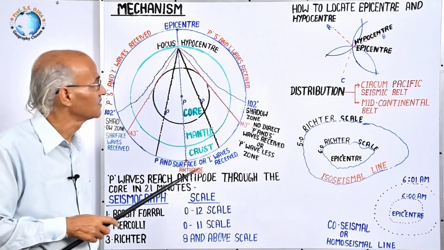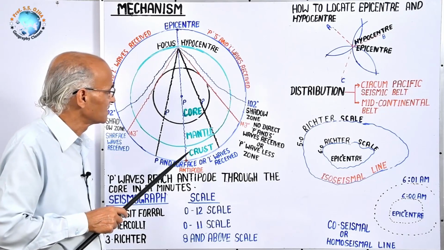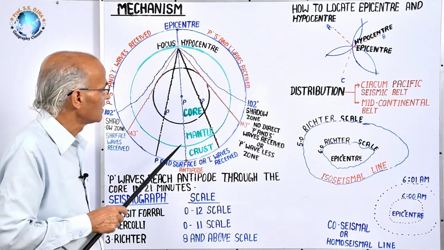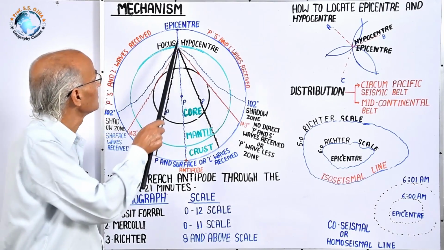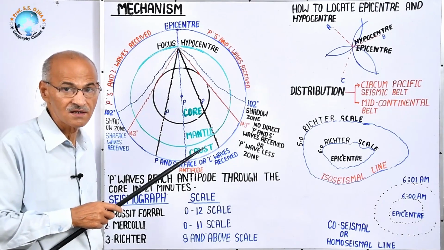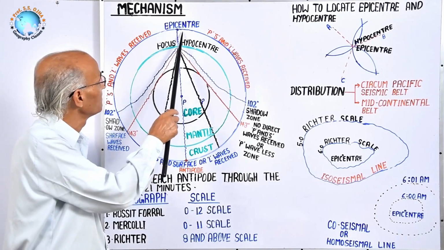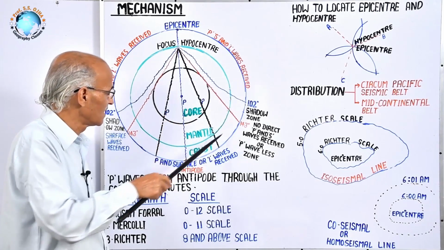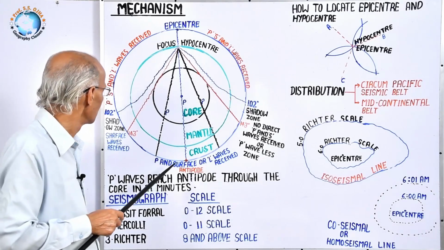A question may be asked: which place will experience the very disastrous impact of love waves? The answer will be the epicenter. Here on the Richter scale there will be a high level of disaster, while on reaching the antipode their intensity and impact will decrease.